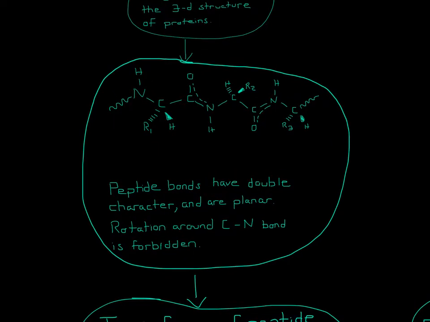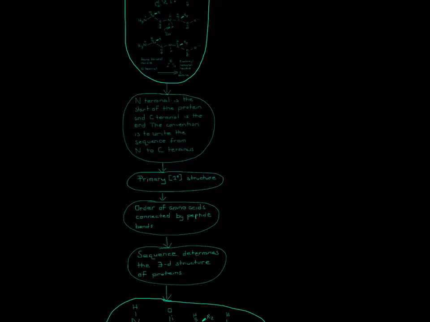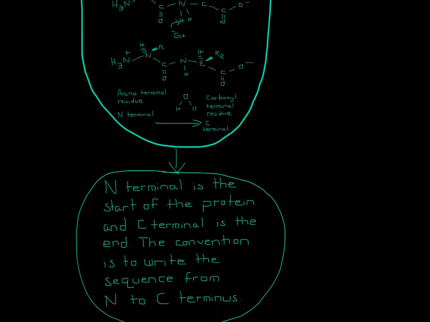Okay, so now let's talk about the actual structure of this peptide bond. Peptide bonds have a double bond character, right? Let's compare it to the original. Right here you see that there's a double bond. So this is the peptide bond. You have a double bond between the carbon and the oxygen, and then the nitrogen.